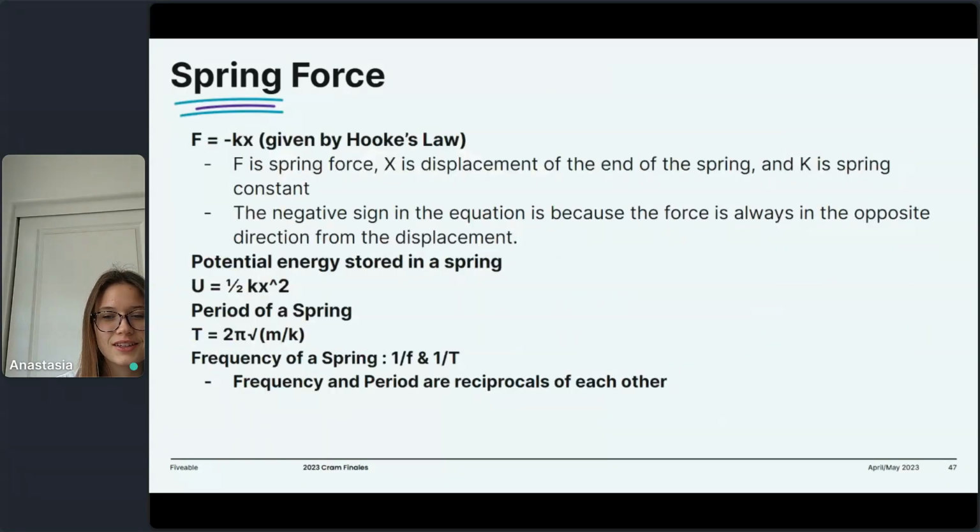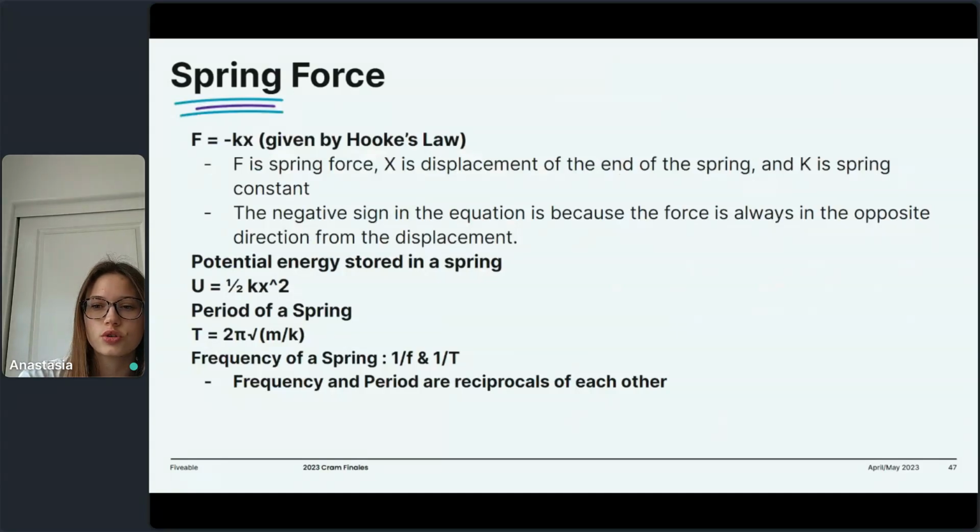All right. So spring force is given by negative kx, and this is given by Hooke's law. F is the spring force, x is the displacement at the end of the spring, and k is the spring constant. The negative sign in the equation is because the force is always in the opposite direction from the displacement.